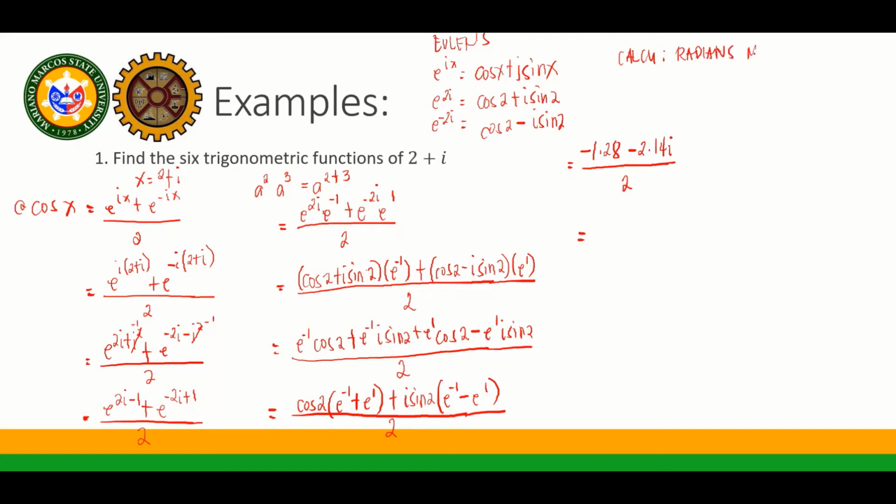Okay, it should be in radians, not degrees. And if you're going to solve this on your calculator, just press mode, and then mode setup, and then mode 2.